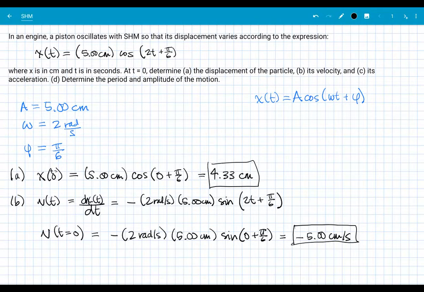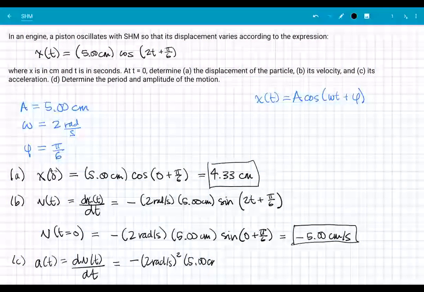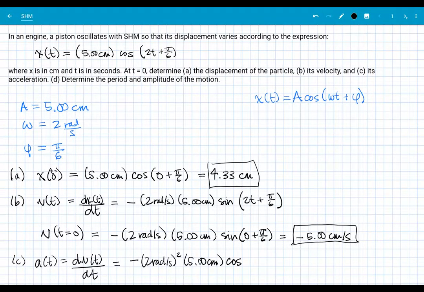Okay, part C asks for its acceleration at t equals 0. So we're going to do all those same things. The acceleration function is the first derivative of the velocity function with respect to time. So that'll give me negative 2 radians per second squared times 5 centimeters times, again going back to the cosine function, cosine of (2t plus pi over 6).